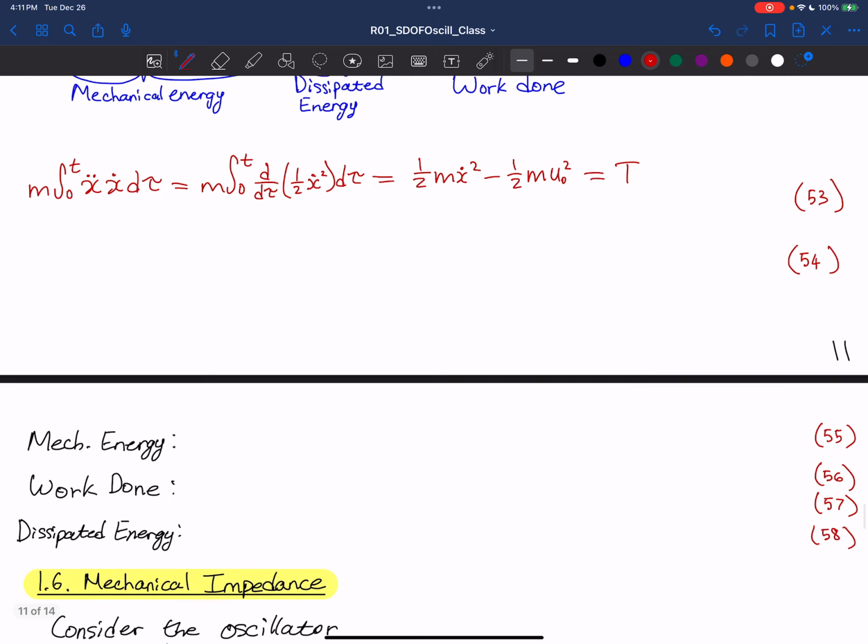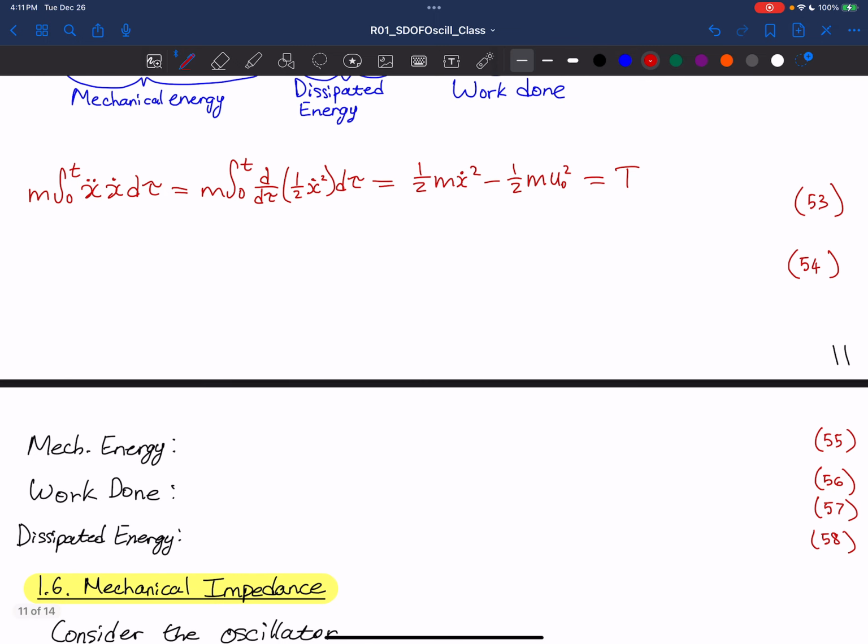We can do the similar thing for the term with a kx in it. So k times the integral from 0 to t of x dot x d tau. That's then equal to k times the integral from 0 to t of the derivative d over d tau of 1/2 x squared, d tau, which then is equal to 1/2 k x squared minus 1/2 k x0 squared.